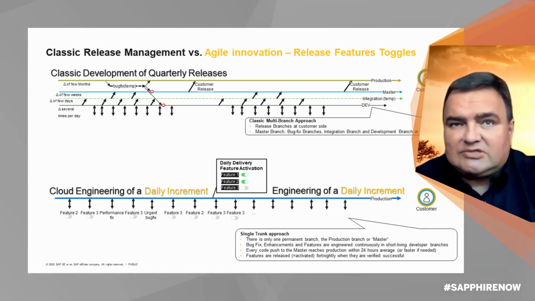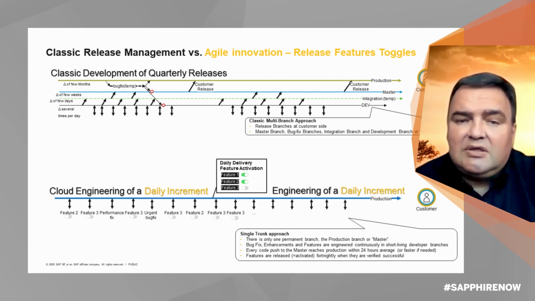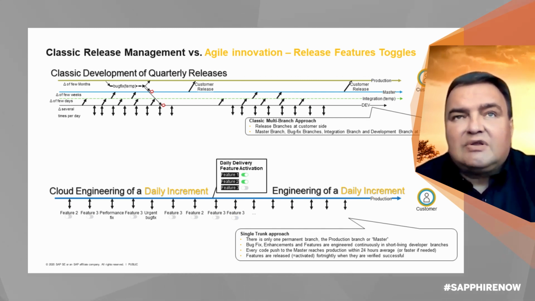You can call it production branch or master, whatever you want. It's only one. Bug fixes, enhancements, features are all engineered to continuously feed into production and have only a very short life in the developer branch.